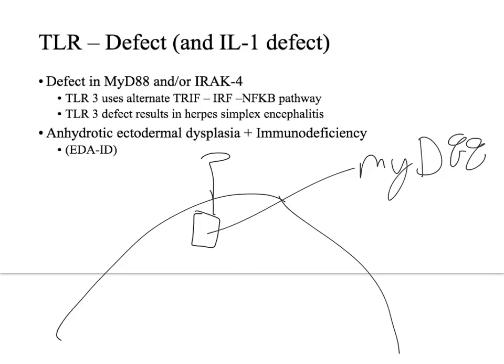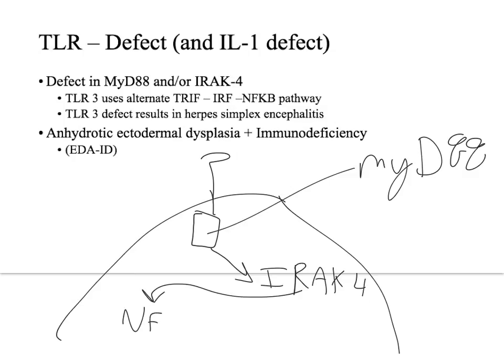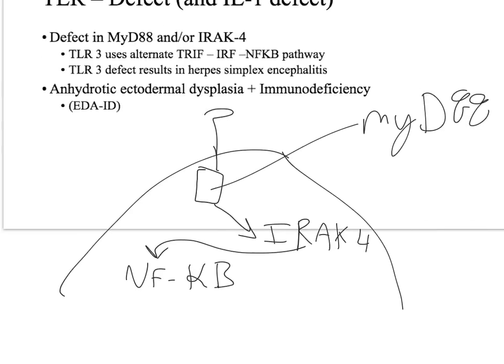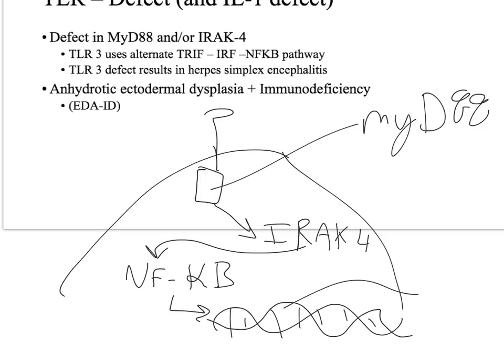MyD88 will send a signal to a complex of IRAK molecules, and specifically we're looking at defects in IRAK4, so I'm going to put that there, but it's really a complex of a bunch of IRAK, and then those will go downstream and activate NF-kappa B, nuclear factor kappa B. Then nuclear factor kappa B goes and activates the DNA and causes it to produce cytokines. So you get cytokines.